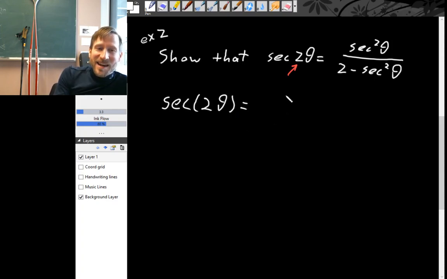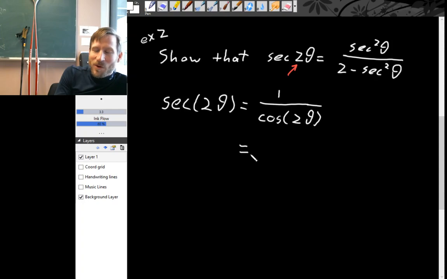Okay, so secant is 1 over cosine. We don't have a double angle formula for secant yet, and so we'd better just switch to cosine. So 1 over cosine 2 theta. And now that we have cosine 2 theta, we can use the double angle formula for cosine. Which form of the double angle formula? Well, remember we have 3 flavors to choose from.